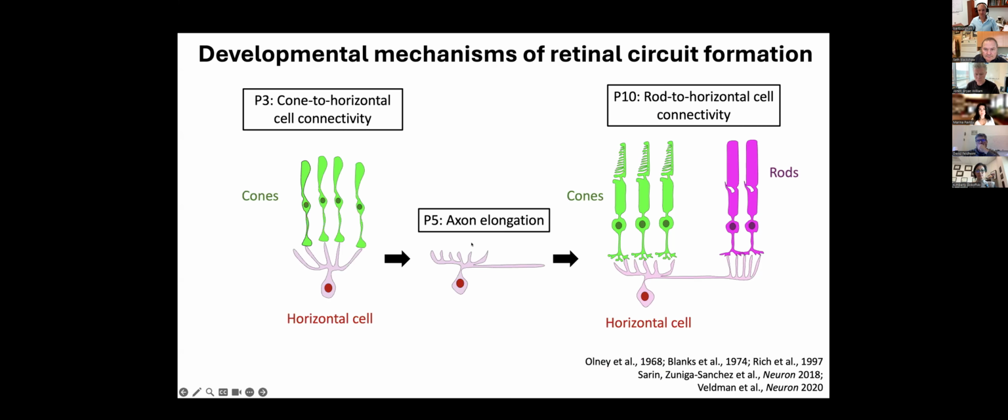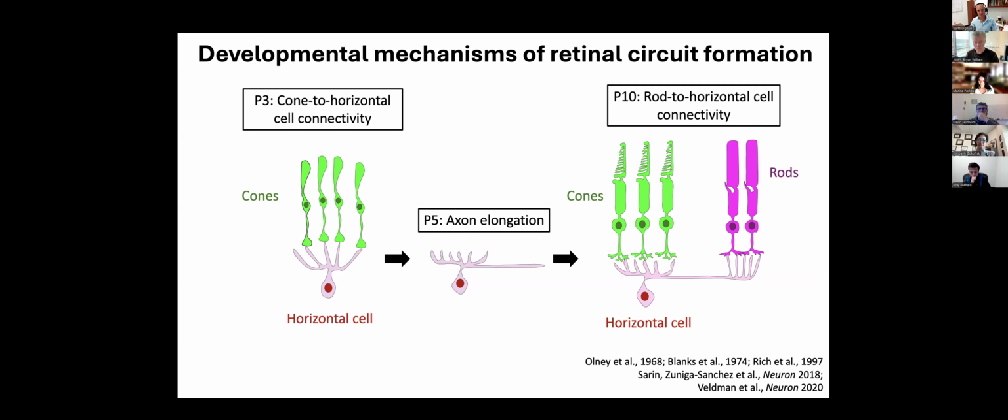But during development, several labs have shown that very early on, around postnatal day 3, horizontal cells extend out neurites, and these make contacts to cone photoreceptors. A few days later, they extend out an axon, and around P10 is when the axon terminal extends out its processes and makes synapses to rod photoreceptors.